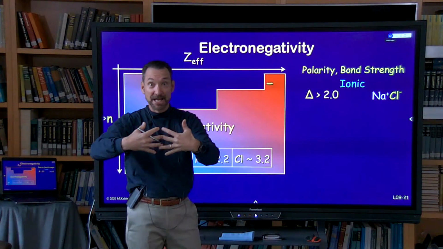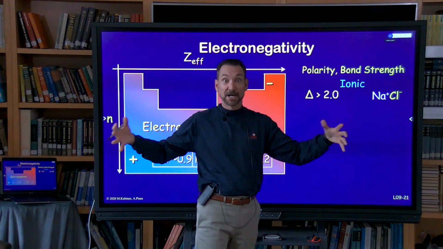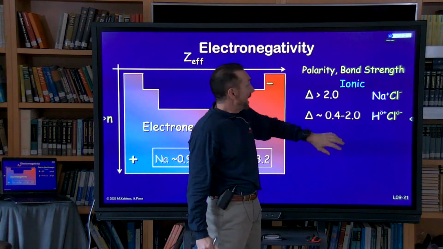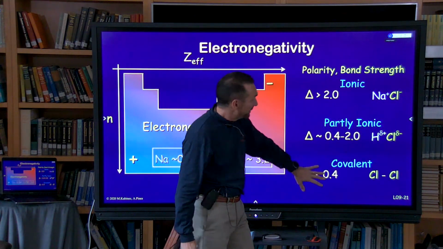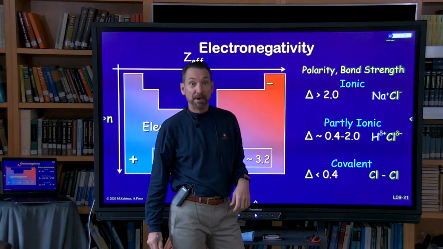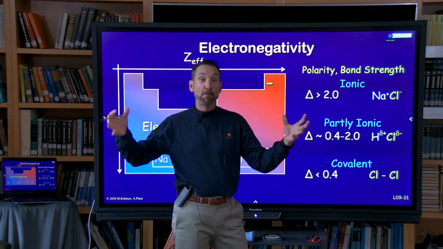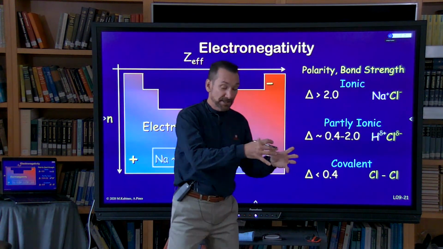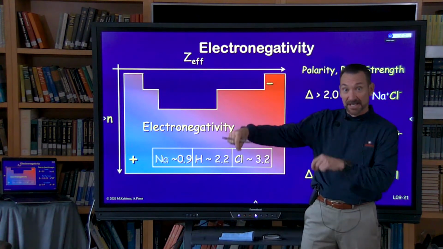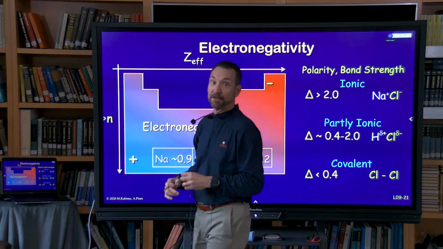And we're going to do that here very shortly: we're going to take our quantum mechanics of atoms and go to quantum mechanics of molecules. And we have different characterizations of bonds depending on how polar they are. Electrons are rarely shared equally between the elements that are bonded together.